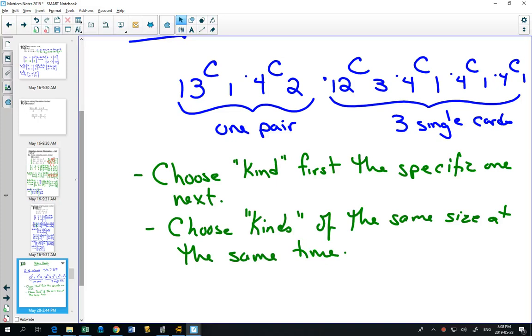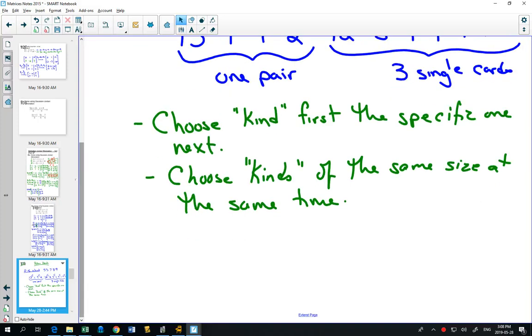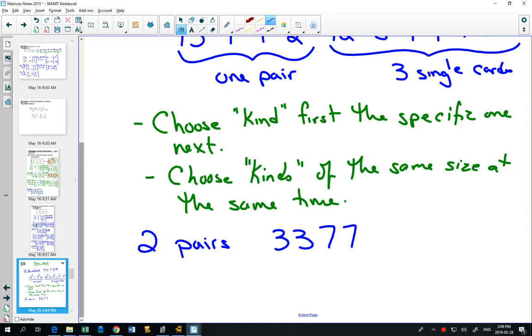So let's look at using this logic to figure out the possibility of getting 2 pairs. So 2 pairs would be like 2 3s, 2 7s, and another card. If you're going to start with your pairs, since you have 2 of them that are the same size, you would choose those 2 kinds, the 3s and the 7s, at the same time.